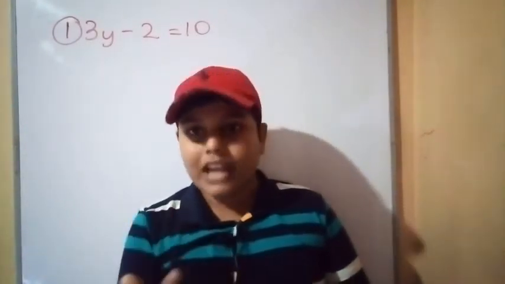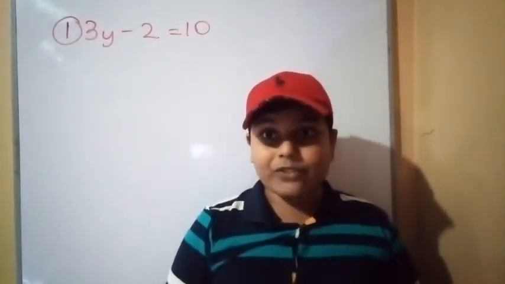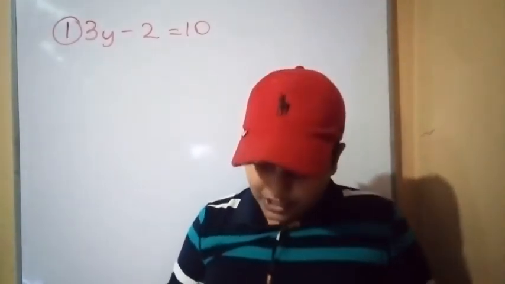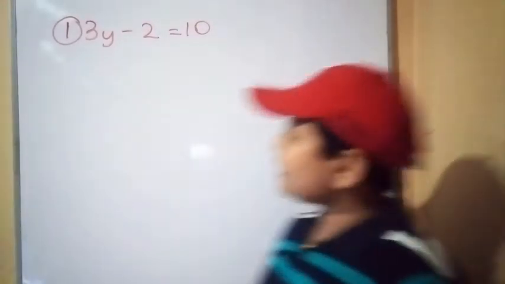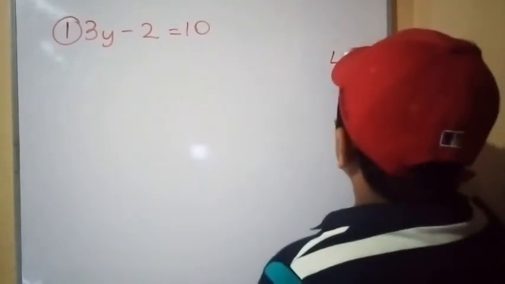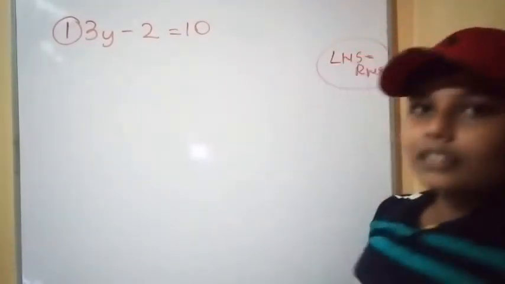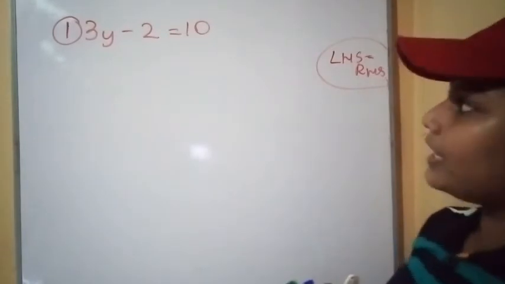You want to find the value and check its accuracy. Examine whether the left hand side is equal to the right hand side. Then that is the solution of this equation.